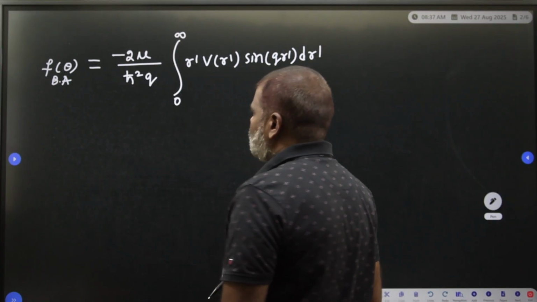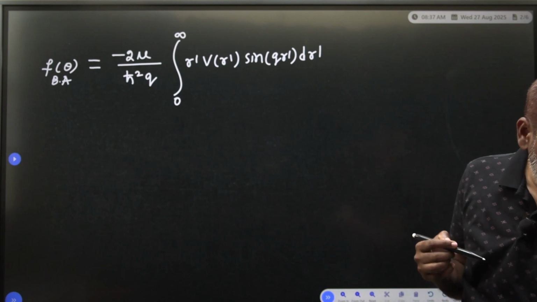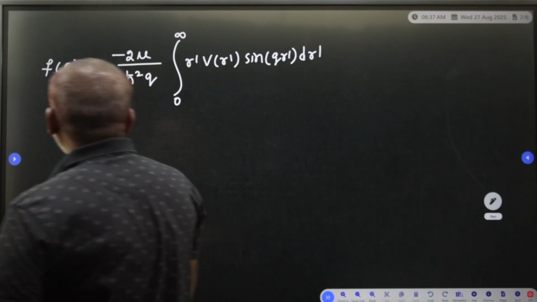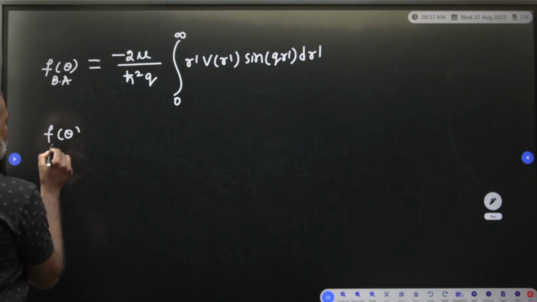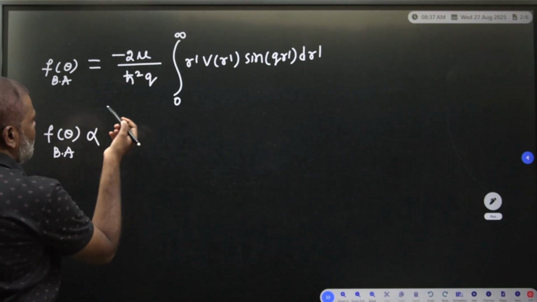This is the scattering amplitude for the Born approximation. They are asking about the scattering amplitude, and its dependence on theta under the Born approximation.